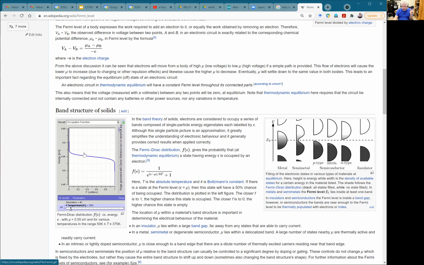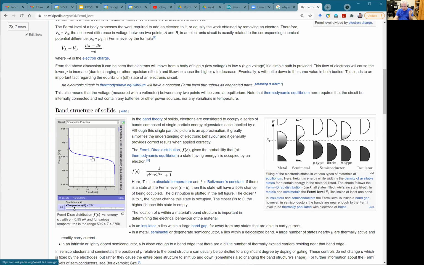Now, why is the population always equal to 0.5 at this level, 0.55 eV here? Because 0.55 is the Fermi level.